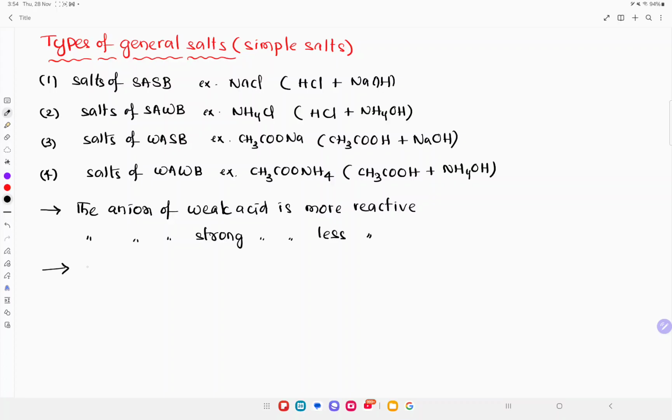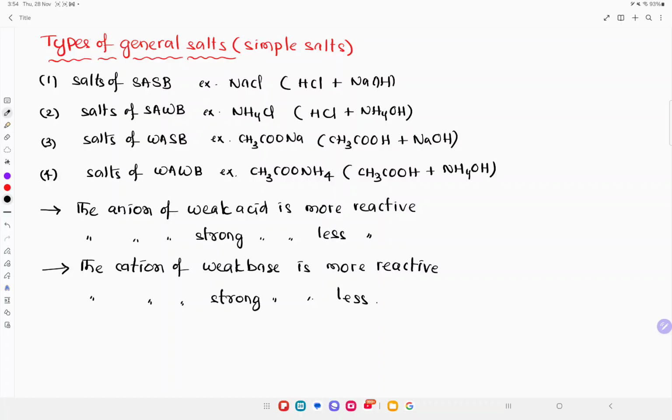In a similar way, the cation of a weak base is more reactive. The cation of a strong base is less reactive.